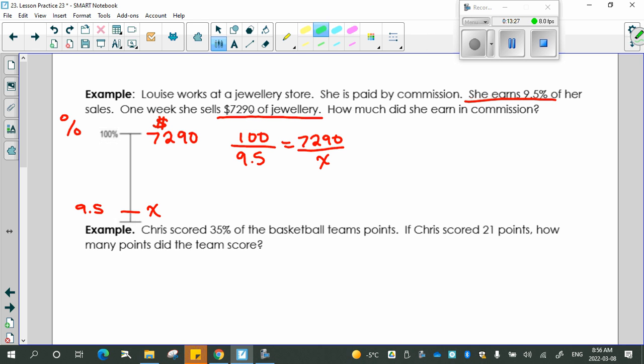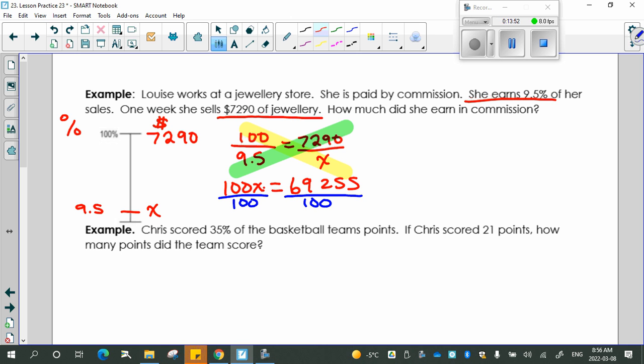And we can crisscross. And we get that 100x equals $692.55. When it's money, remember, always go to 2 decimal places.